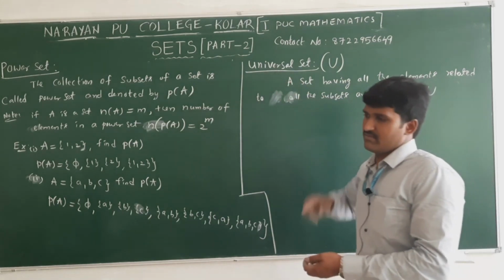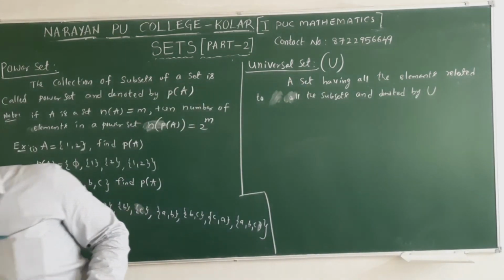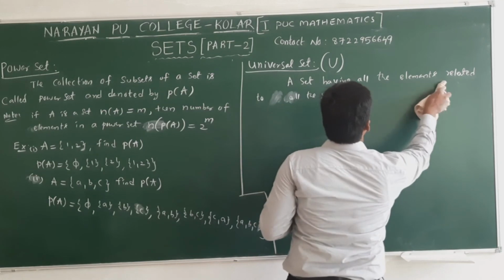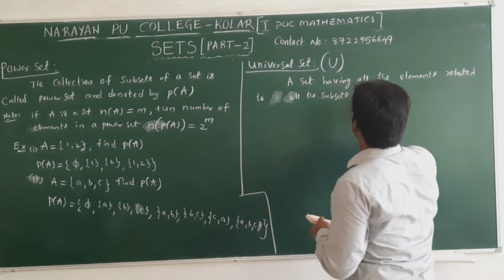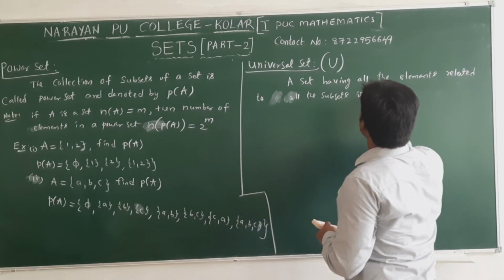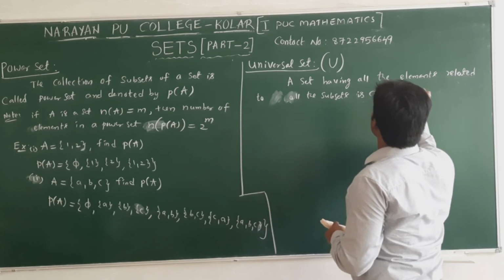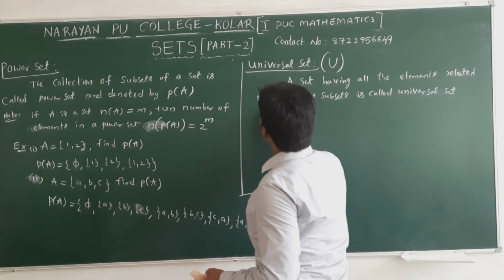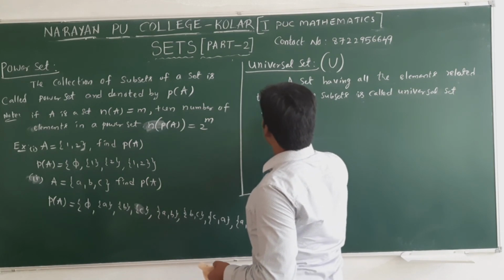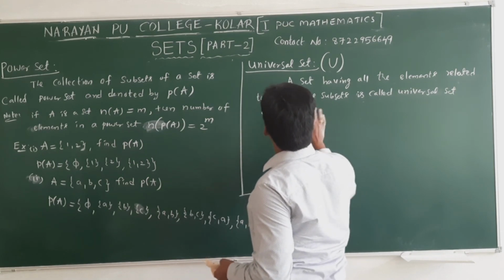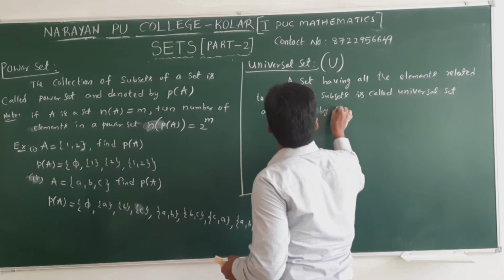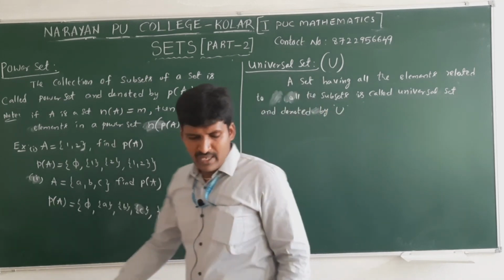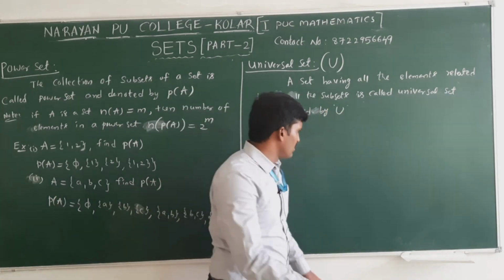Universal set. We can write: a set having all the elements related to all the subsets is called the universal set and denoted by the symbol U.